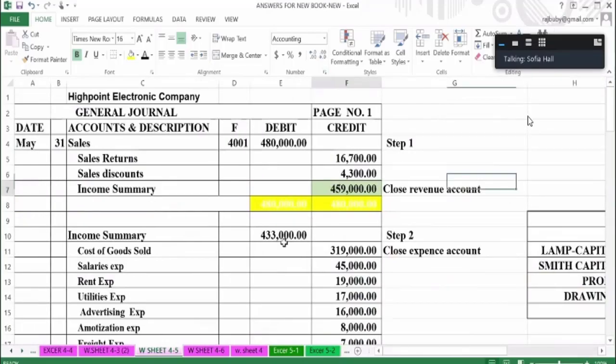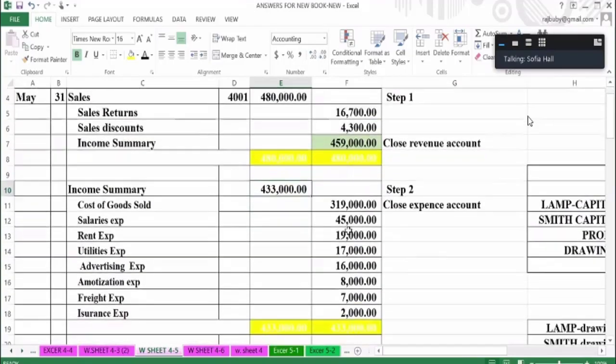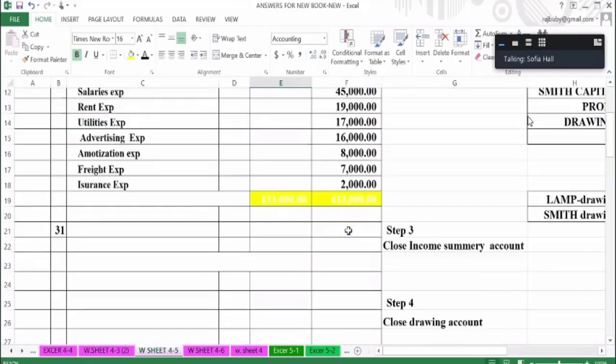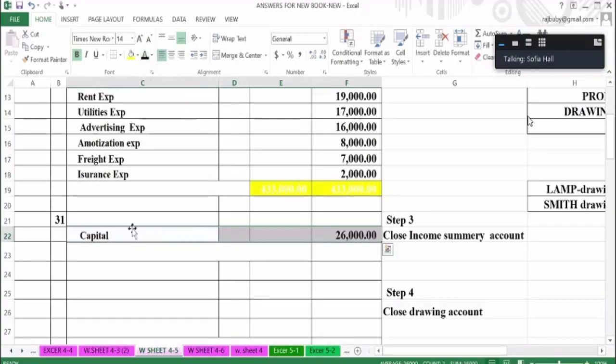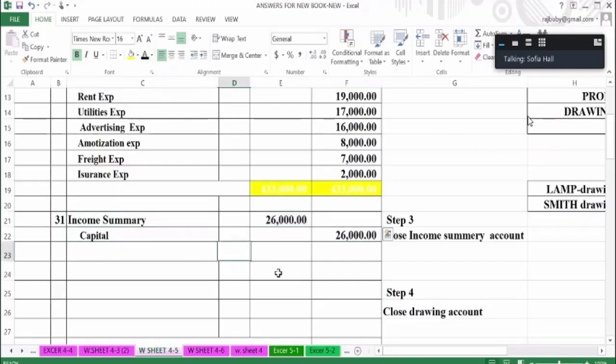This minus this is your profit. The profit you are going to transfer to the capital account. Profit always goes to the credit side in the capital account. And the income summary you are closing, so that one is going to be in the debit side. That is the third step, closing the income summary account.